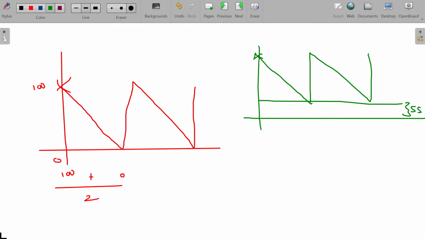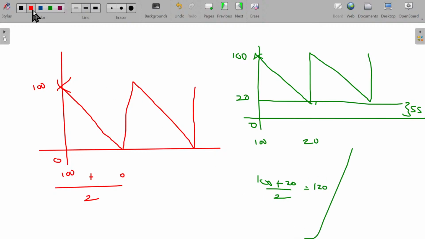Then what happens here? Maybe 100, this may be 20, this may be 0. In this place you have 100, here you have 20, then it becomes again 100. Then how can we take the average now? 100 plus 20 by 2, 120 will be the average?